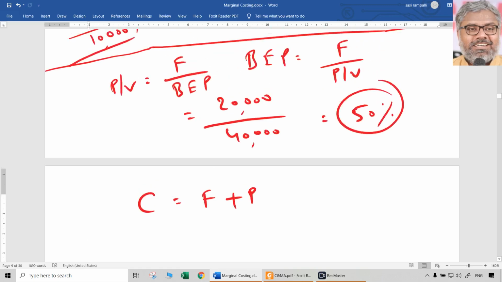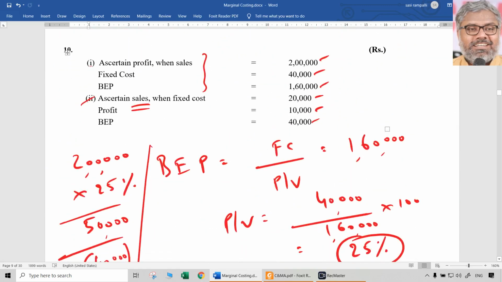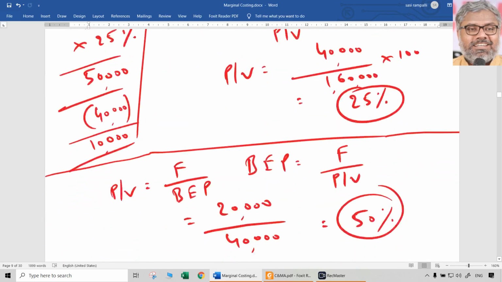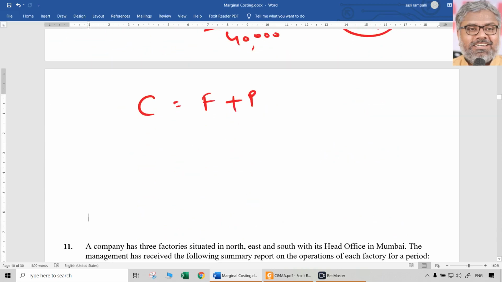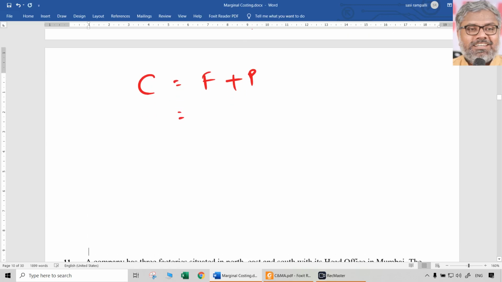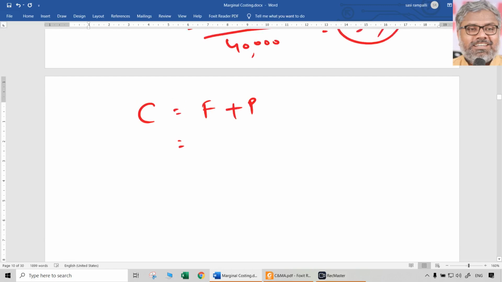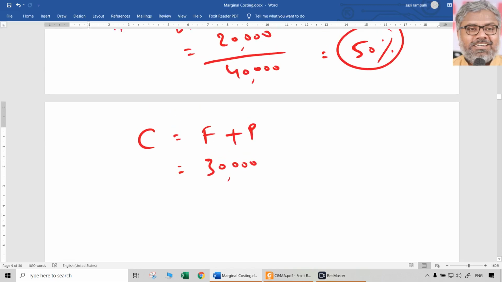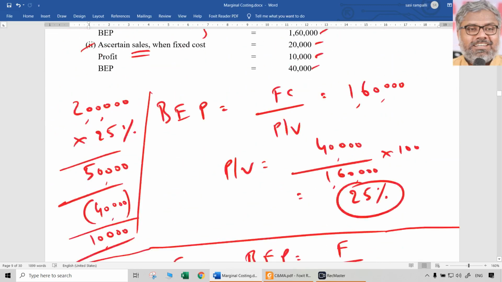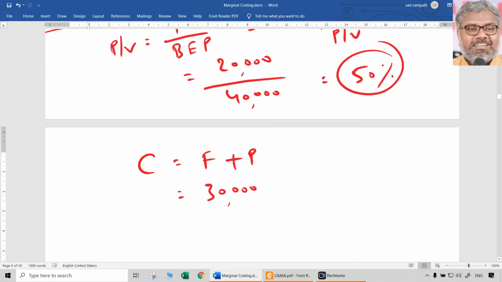Fixed cost plus profit. Isn't it? We know that. Fixed cost 20,000 given, profit 10,000. That means 20,000 plus 10,000, 30,000 is the contribution.